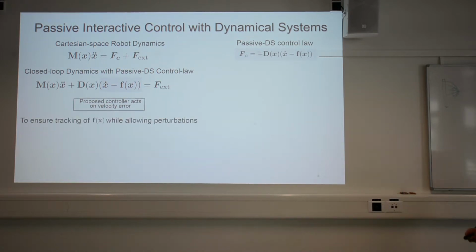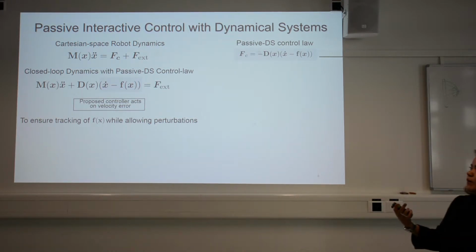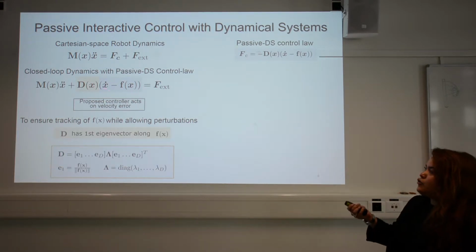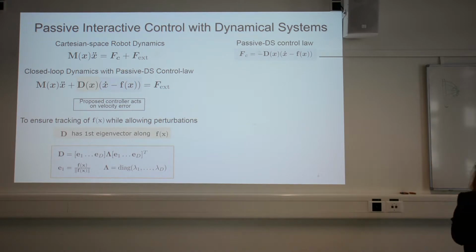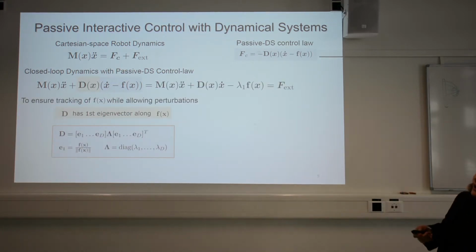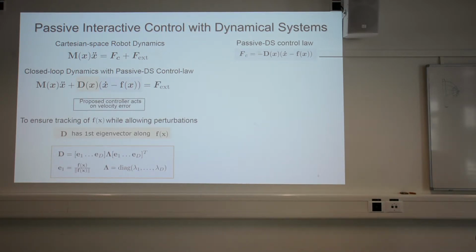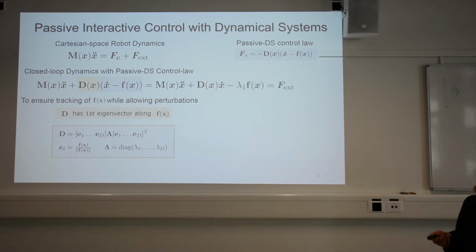To ensure that we can track the desired motion that's given from the dynamical system while also allowing for perturbations, we construct this damping matrix, where its first eigenvalue is in the direction along the dynamical system, its first eigenvector, and the other eigenvectors are orthogonal to the dynamical system itself.